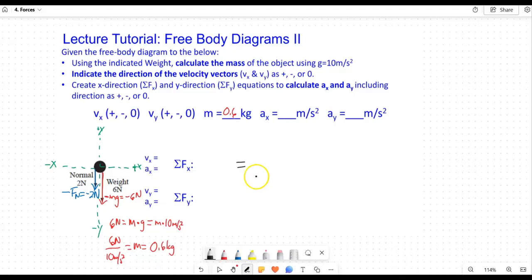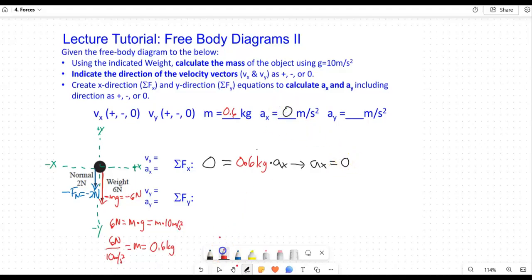However, there are no forces in the x direction. So when we set that sum of forces in the x direction equal to the mass of the object times the acceleration in the x direction, that produces an acceleration in the x direction equal to 0, because 0 divided by 0.6 kilograms is equal to 0.